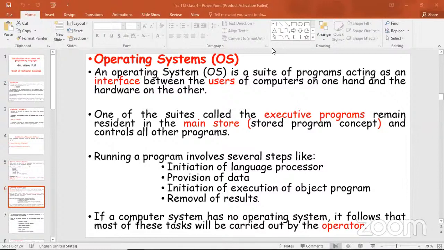Now, as soon as you press the power button on your computer system, the stored program concept sets in. That means it fetches the software, which is the operating system that you have stored on your permanent memory, which is either ROM and usually the hard disk.